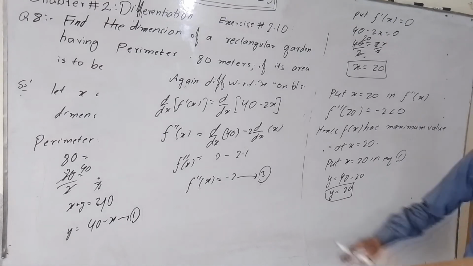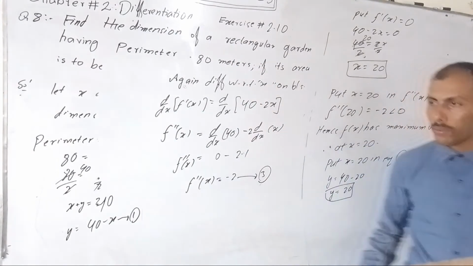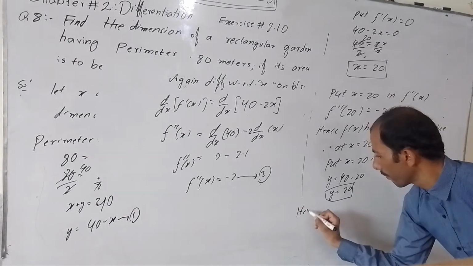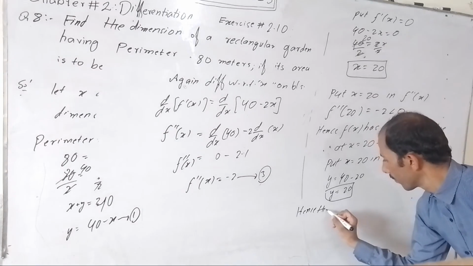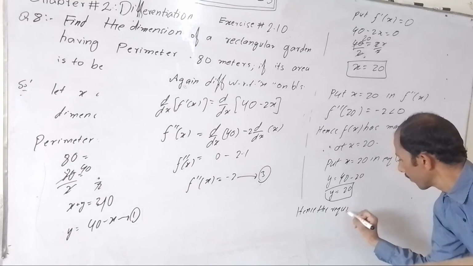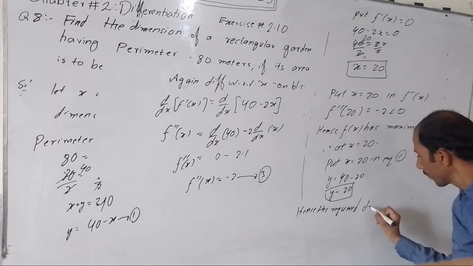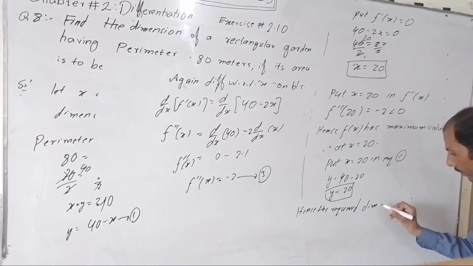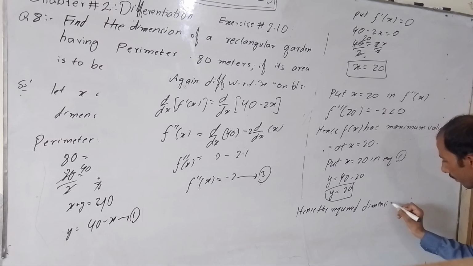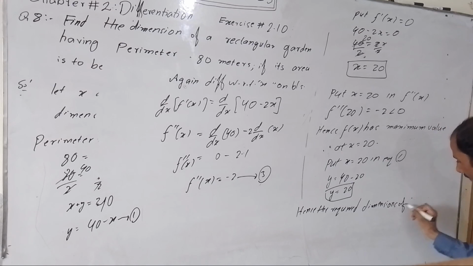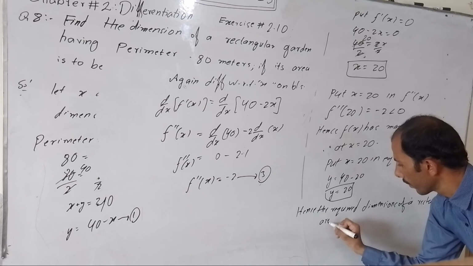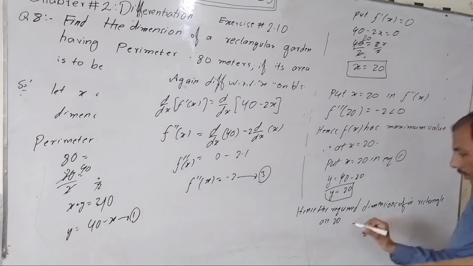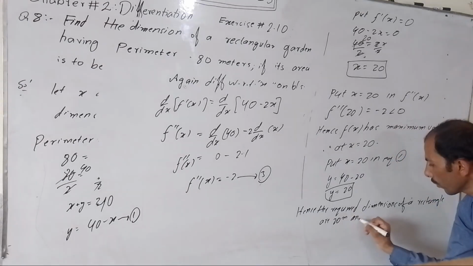Hence the required dimensions of a rectangle are 20 meter and 20 meter.